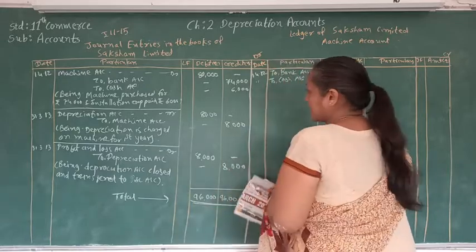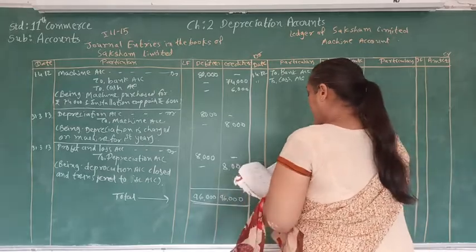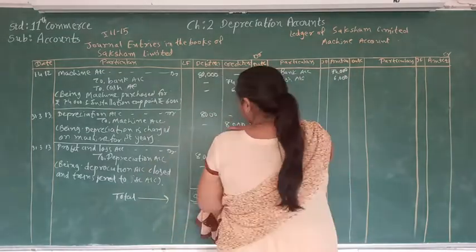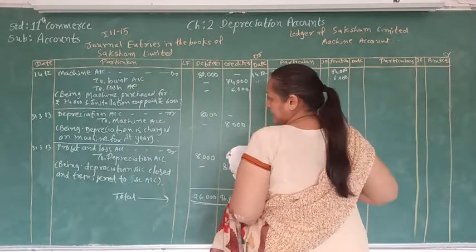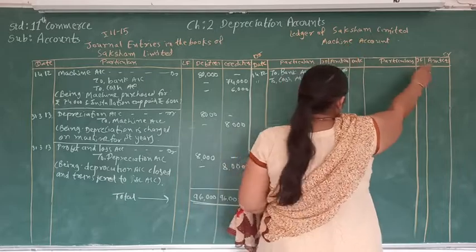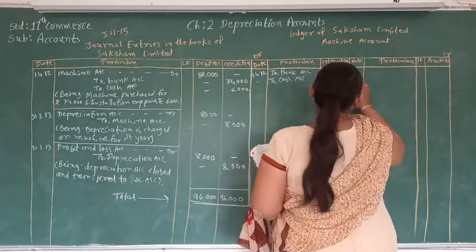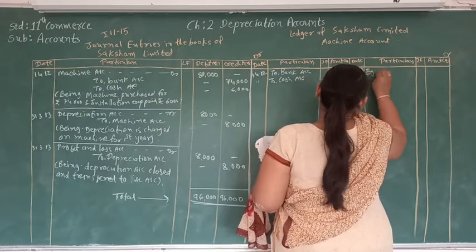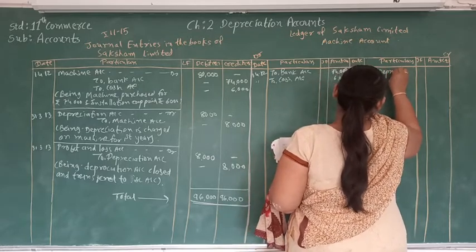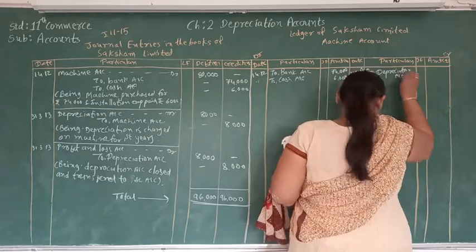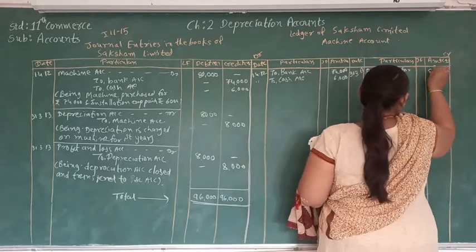At the end of the first year, we are going to credit the depreciation. So the journal entry is depreciation account debit to machine account. On the credit side of the machine account, we'll write on 31/3/13 by depreciation account, and the amount will be 8,000.